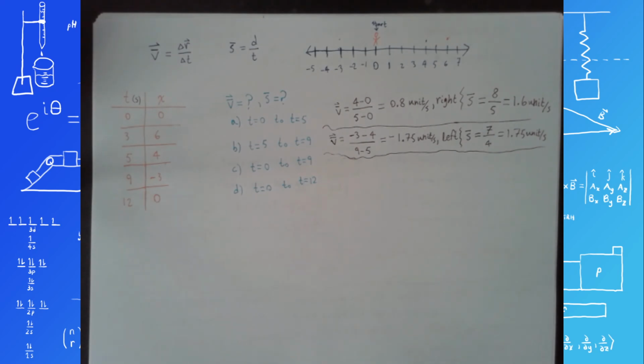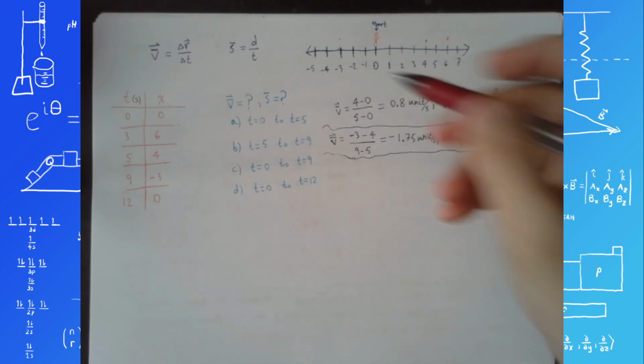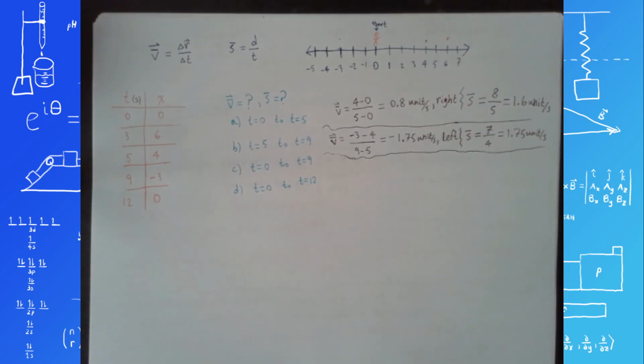It does work in one circumstance and one circumstance only, and that's if the object, or in this case person, moves without ever changing direction. If a person moves without changing their direction, then yes, the speed is just the magnitude of the velocity in that case.